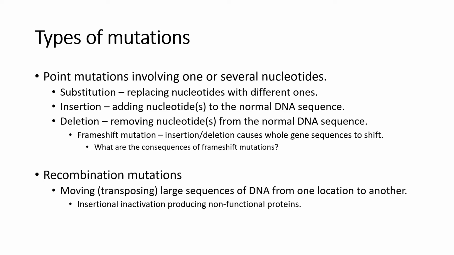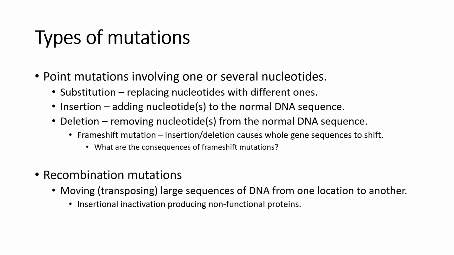When it comes to insertion and deletion mutations, they can lead to something called a frame shift mutation. This specifically occurs when the insertion or deletion results in the addition or removal of a number of nucleotides that is not a factor of 3.